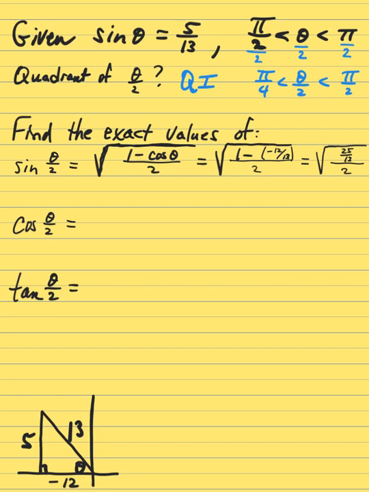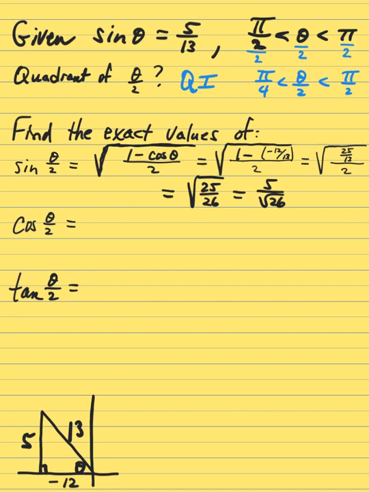So that gives us square root of 25 over 26. Square root of 25 is 5. 26, we'll just leave it square root of 26.